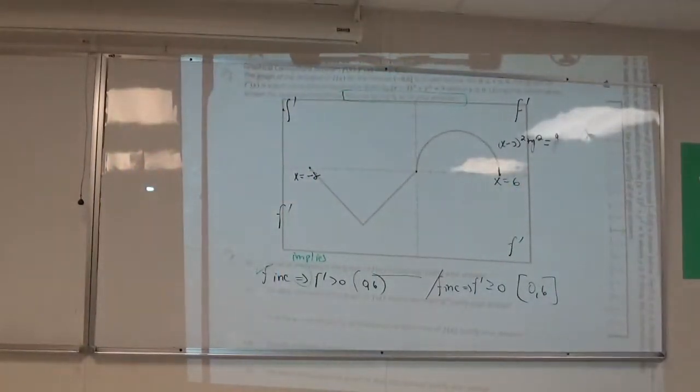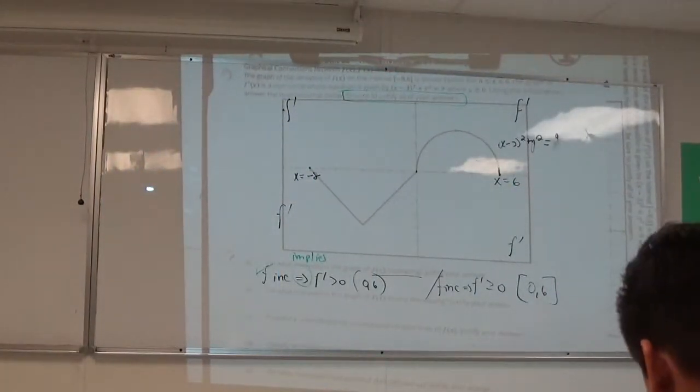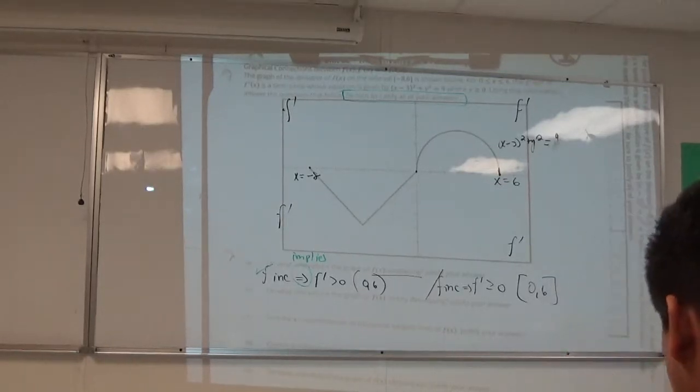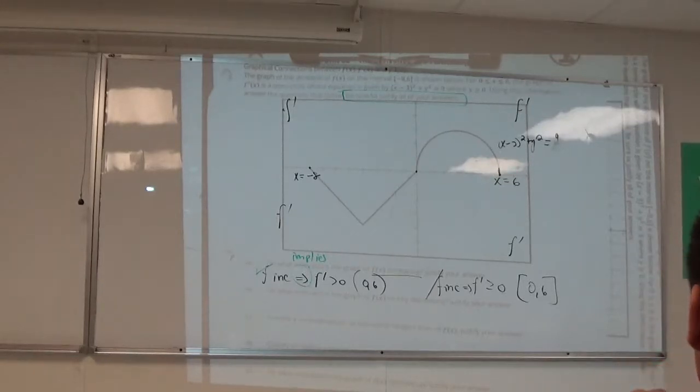Andrew, how are we doing here? It says x and then it's negative. Okay, so where is it?